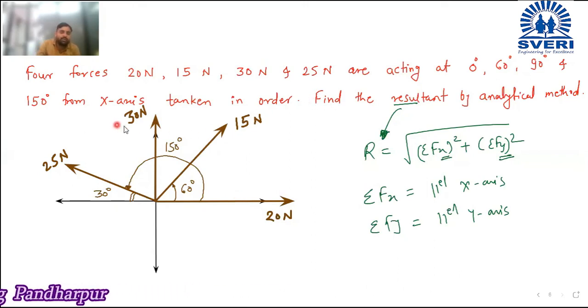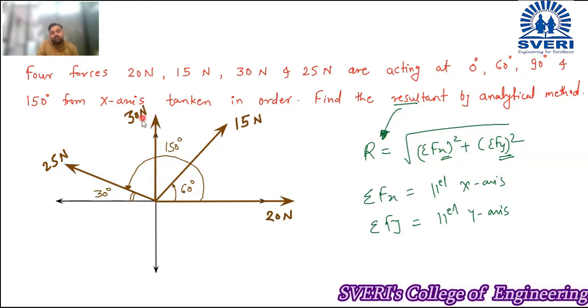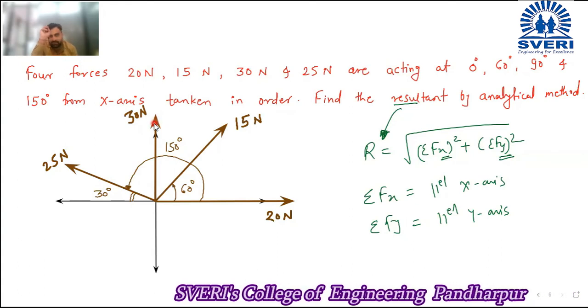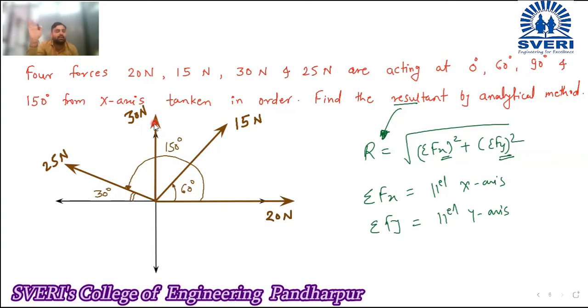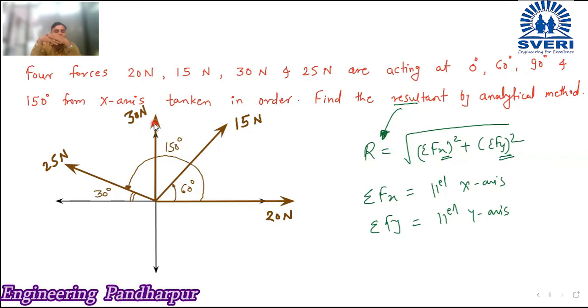After this 15, if you move further, you will see this force of 30 Newton. This 30 Newton force is the vertical force. So again, the basic rule I have told you: there is no need to resolve the horizontal and vertical forces. Our reference plane right now is the x-axis and y-axis.